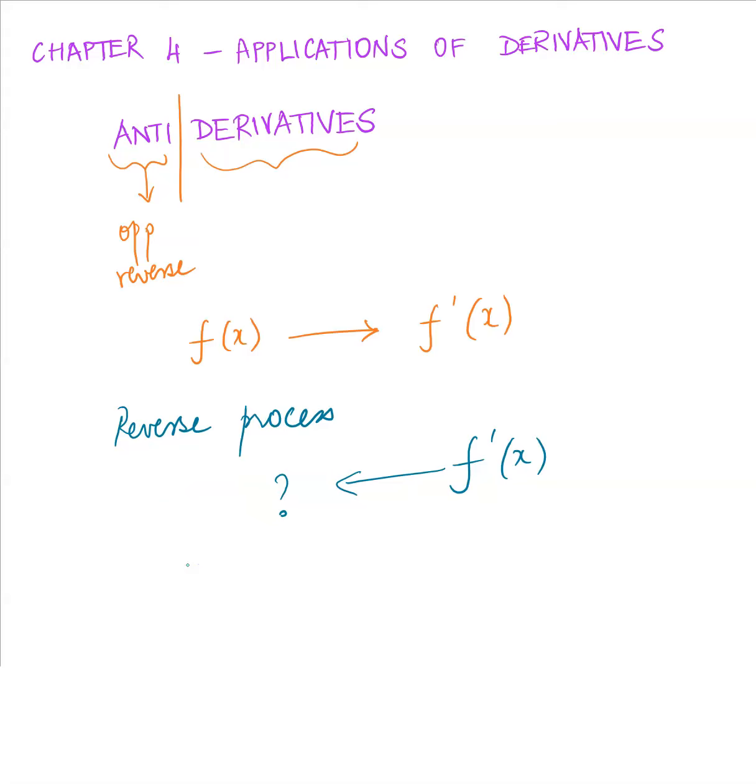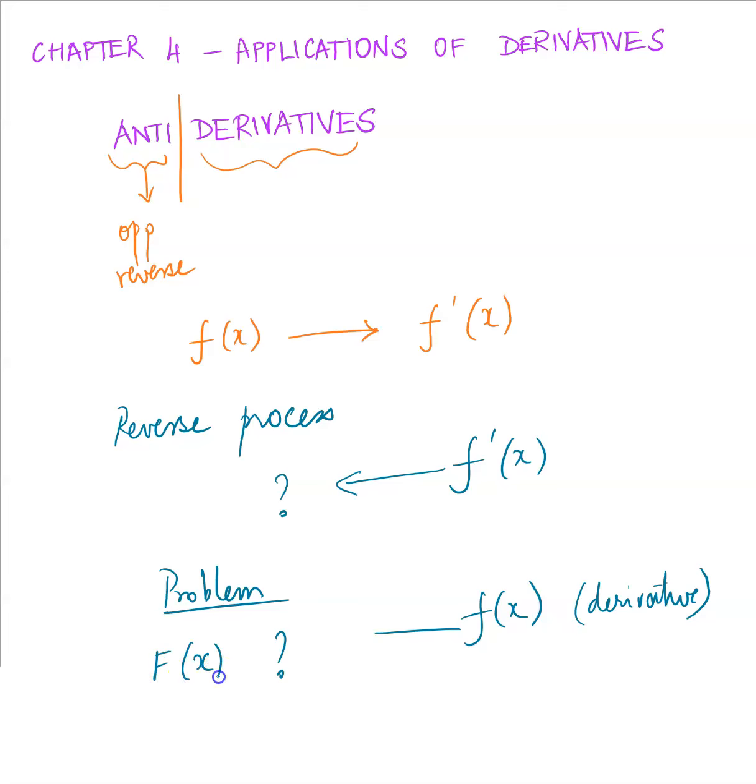Instead, the problem will give you f of x, which is the derivative. And when they ask you to find the function whose derivative is f of x, then we have to use another notation, and we usually use capital F of x, where this small f of x in this antiderivative condition would already be the derivative.